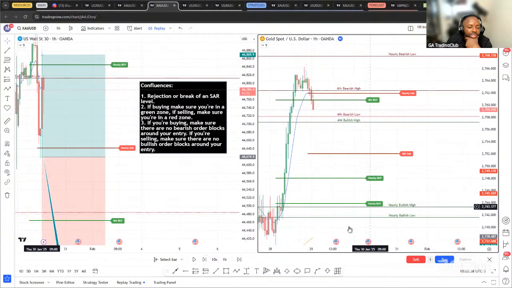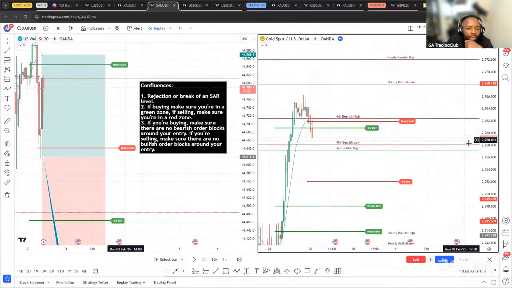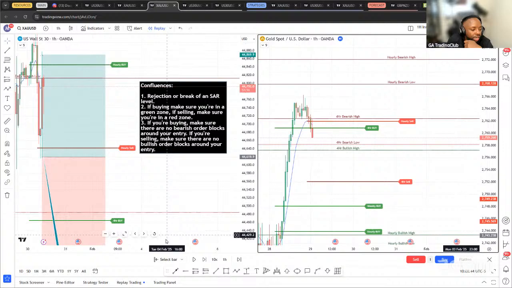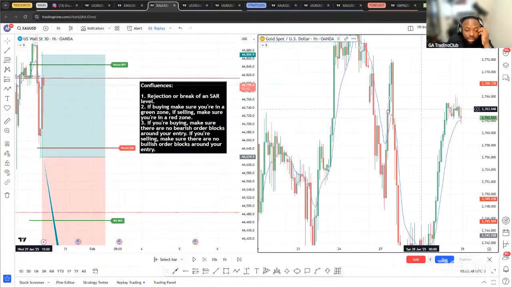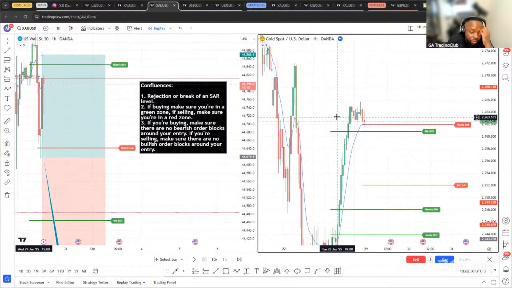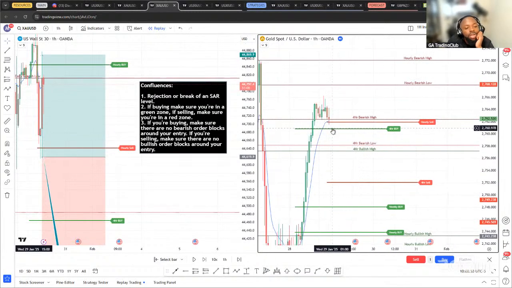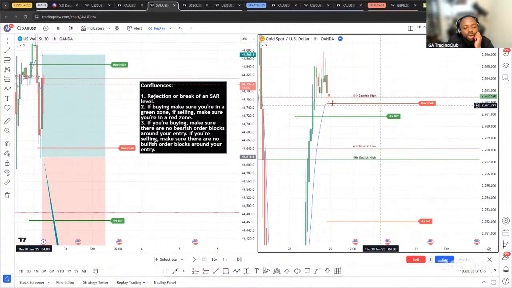Okay, so let's see what's going on here. If we go back, I do see a buy here. So let's see whether this buy was a valid one or not. So we have creation of this hourly sell, or this SAR rejection entry.